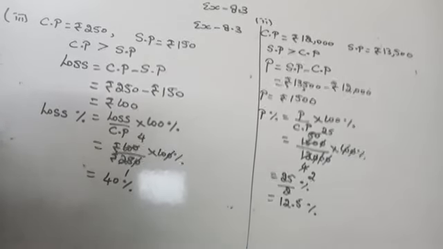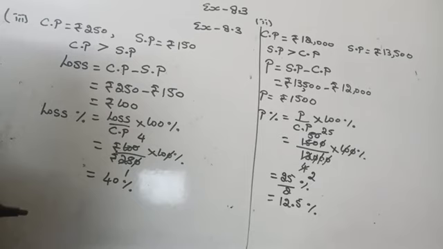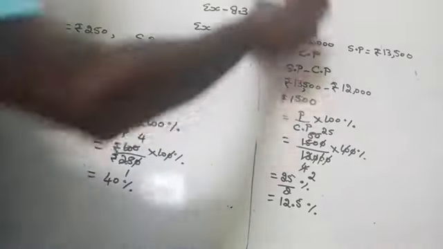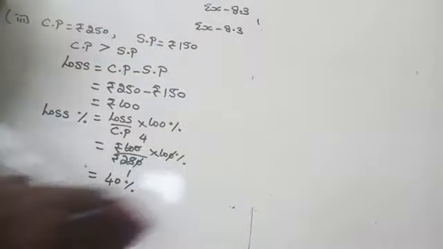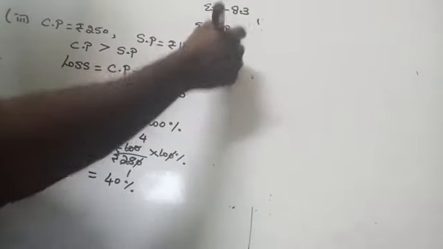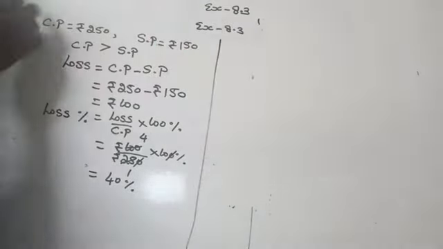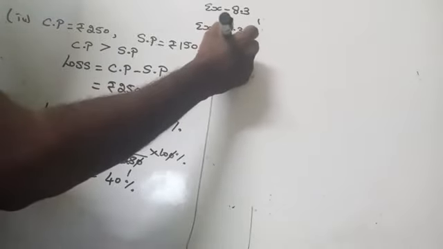Yes. Now a cupboard bought for rupees 2,500 and sold at rupees 3,000. A cupboard bought for rupees 2,500. That means cost price is given. It is the third subdivision.